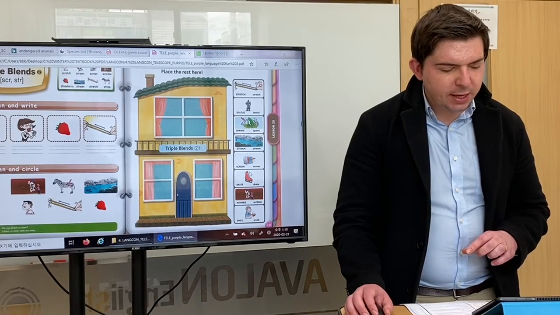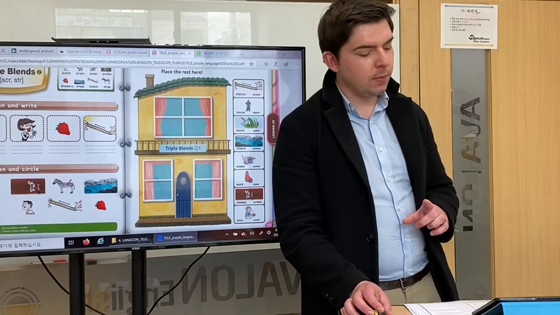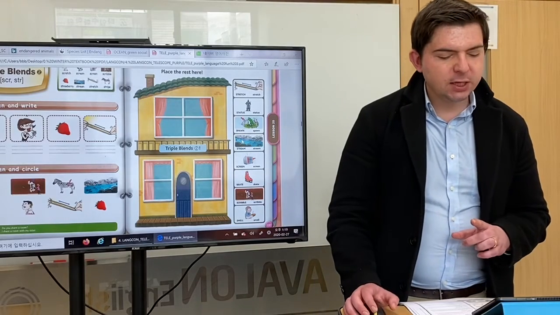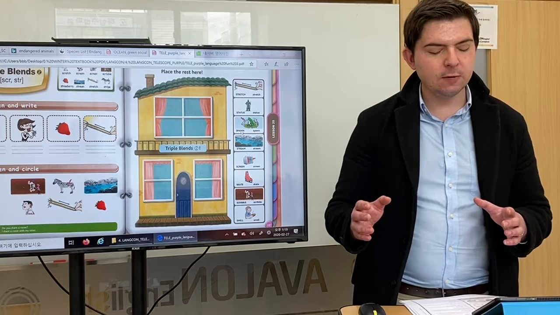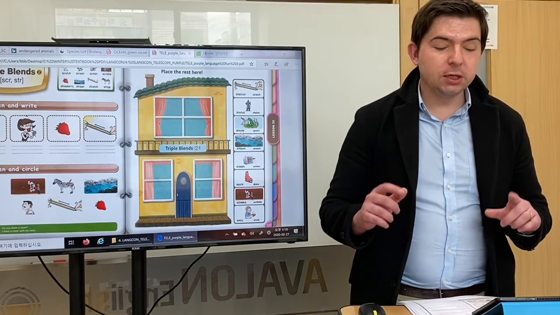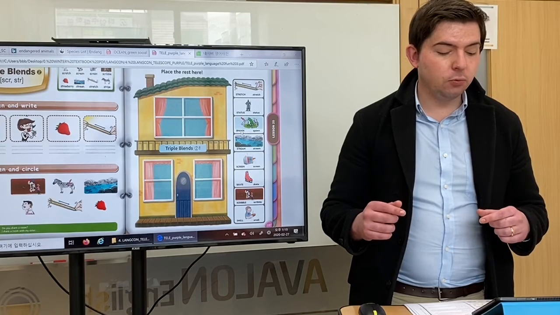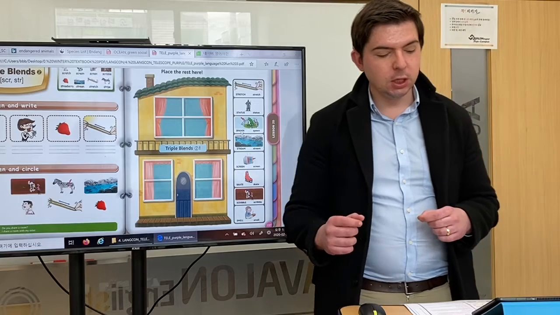On this page, page 247, what we have is a mix of the words that we have learned in this unit and the words that we have learned in previous units.